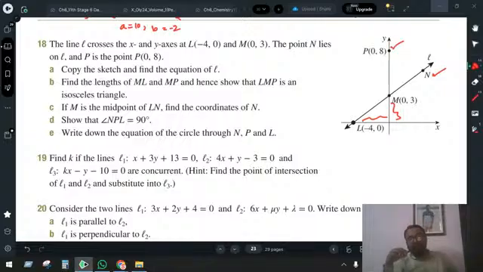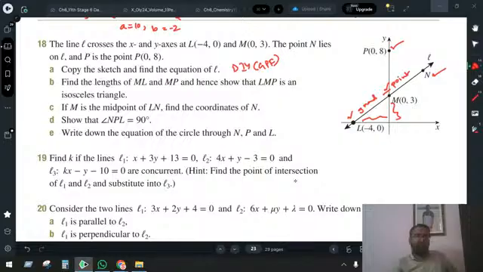Copy, sketch, and find the equation of L. How can we get the equation of L? You can do it yourself, because you have two points, so you can get the gradient. Then you have the gradient point formula, and you will get the equation.